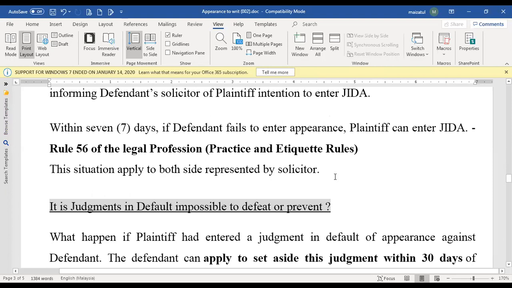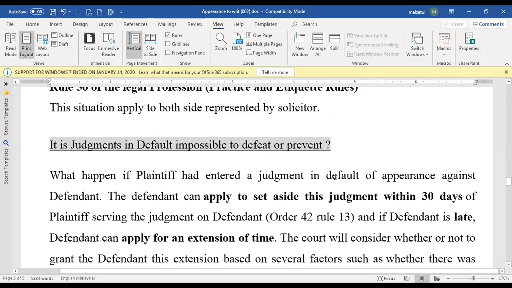Okay, now what happens if the judgment in default is already entered? What can the defendant do in this kind of situation? The defendant can apply to set aside the judgment within 30 days of the plaintiff serving the judgment on the defendant.